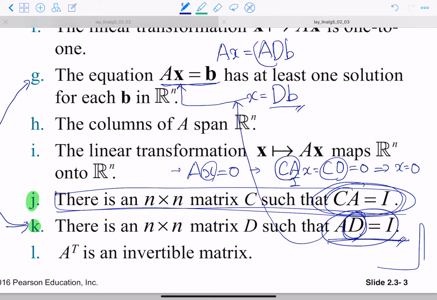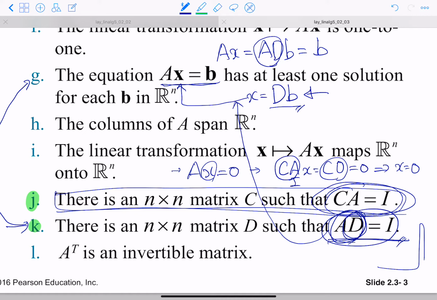And then AD is the identity matrix. And so we obtain B over here. We didn't have any reason to set X as dB, but this is just a smart choice.